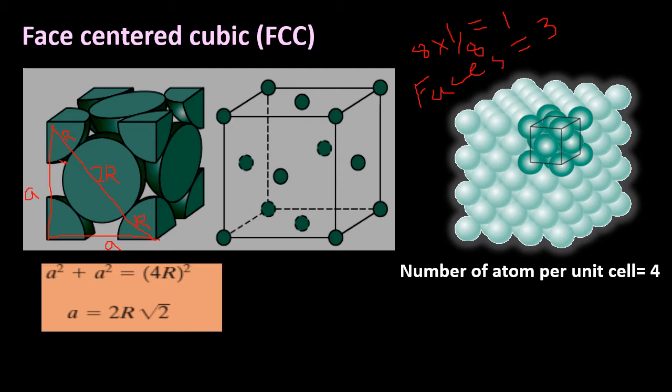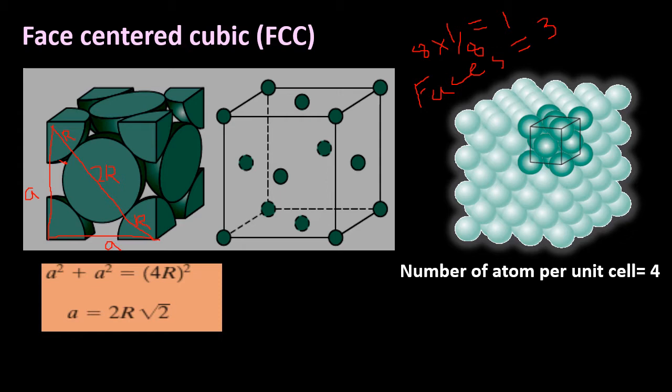So we take this triangle here, we apply the Pythagorean theorem, and it is a squared plus a squared, and this is equal to (R plus 2R plus R) squared, so this total length is equal to 4R squared.